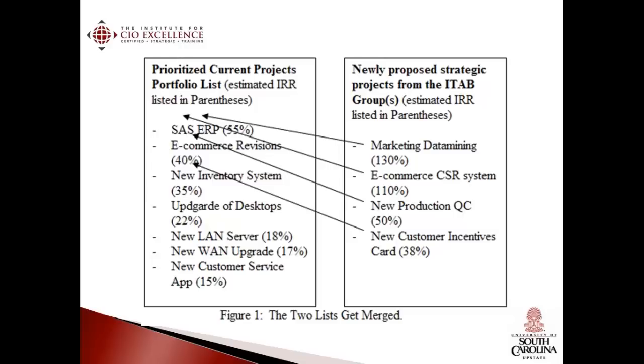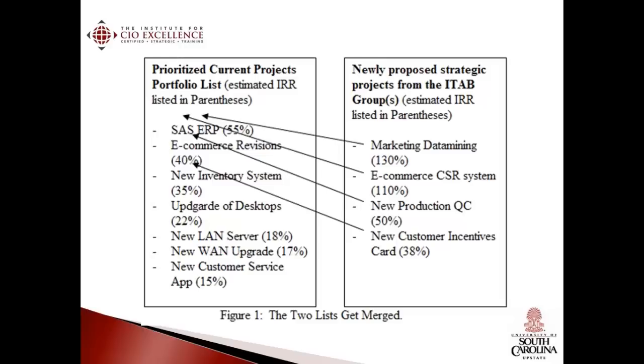Then we have an e-commerce initiative going on that has a 40% estimated internal rate of return, a new inventory system at 35%. We're going to pretend for a moment that I know how to spell upgrade properly. We're going to upgrade our desktops at 22%, new LAN server at 18%, etc.